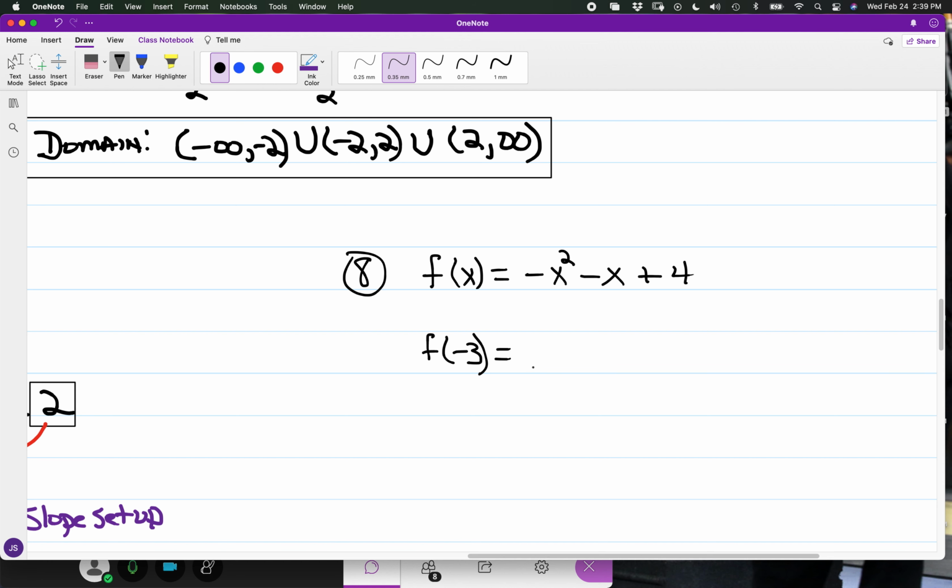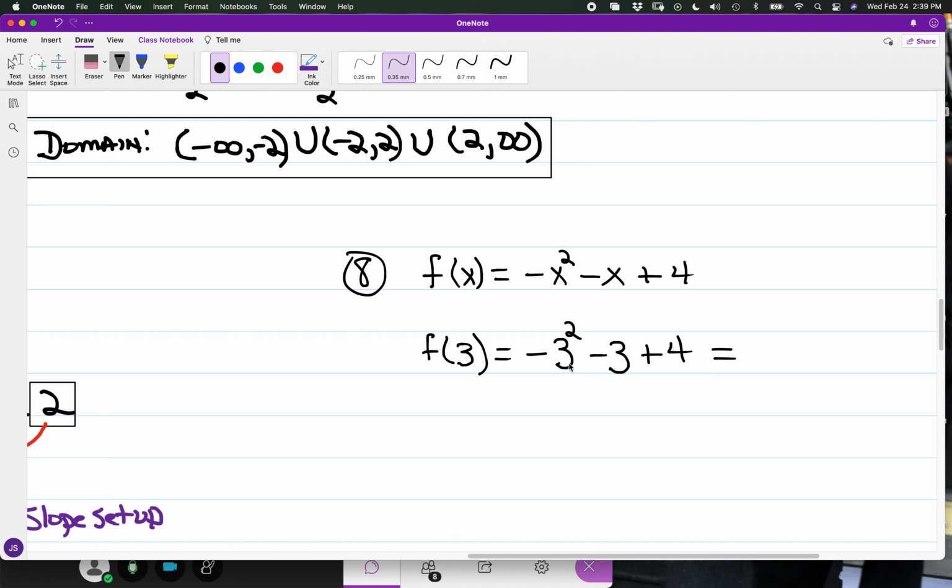In the case of the first item, that is f of 3. I'm going to be taking the negative of the square of 3, and we have minus x, so that's minus 3, followed by the addition of 4.